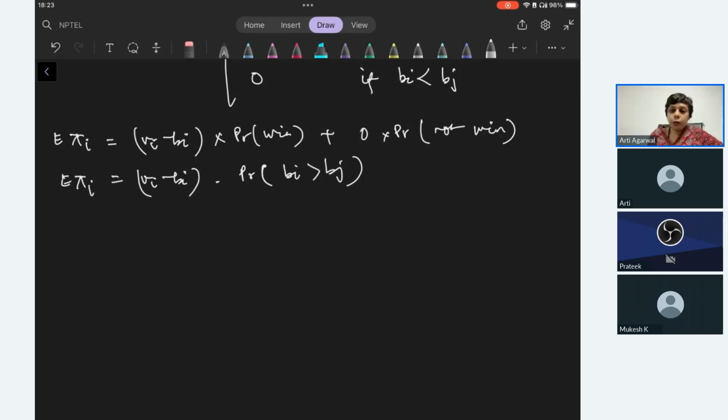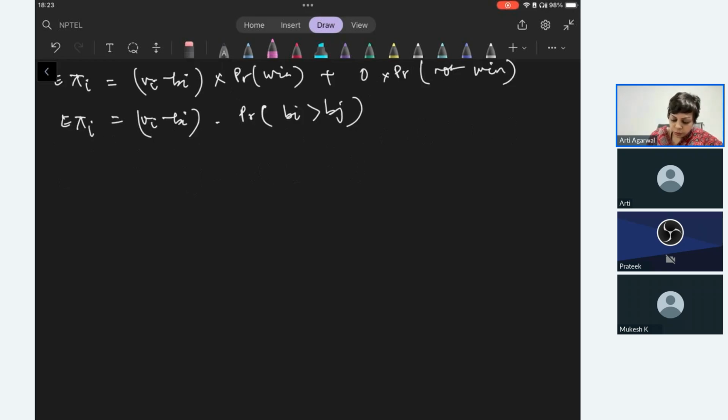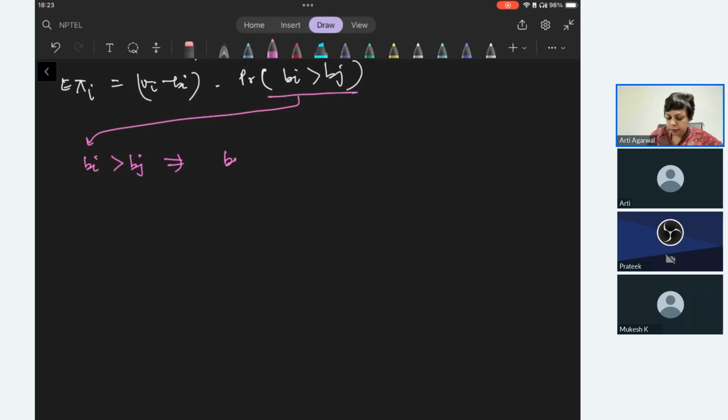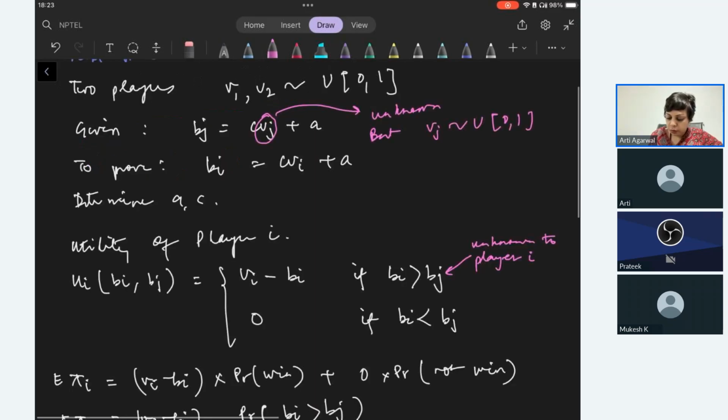So now let's see what we can do with the probability of Bi greater than Bj. We are going to redo this in a slightly different way. Bi is greater than Bj implies that Bi is greater than A plus C Vj.